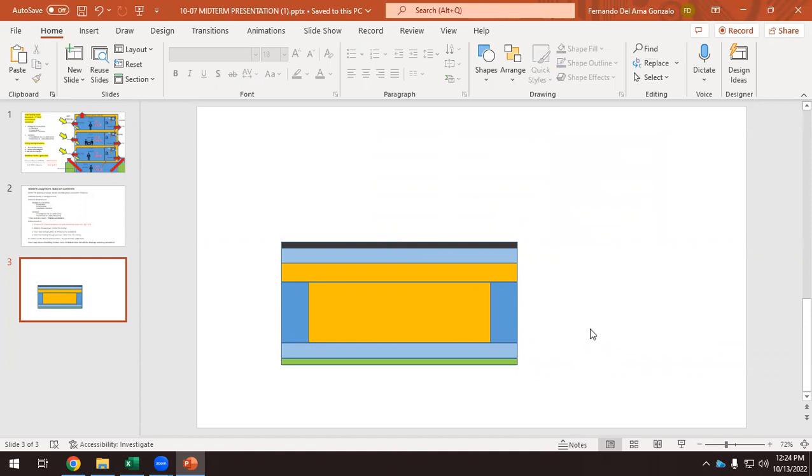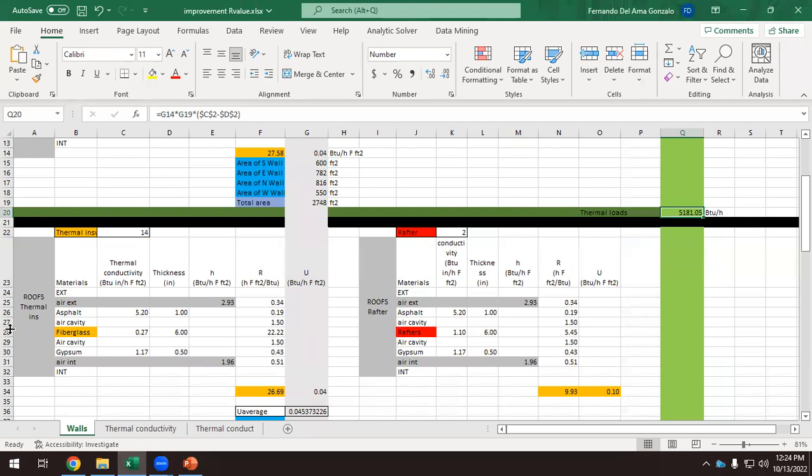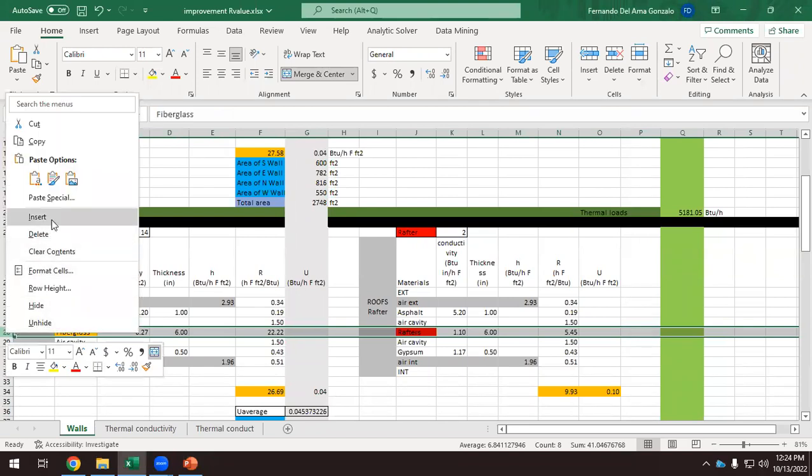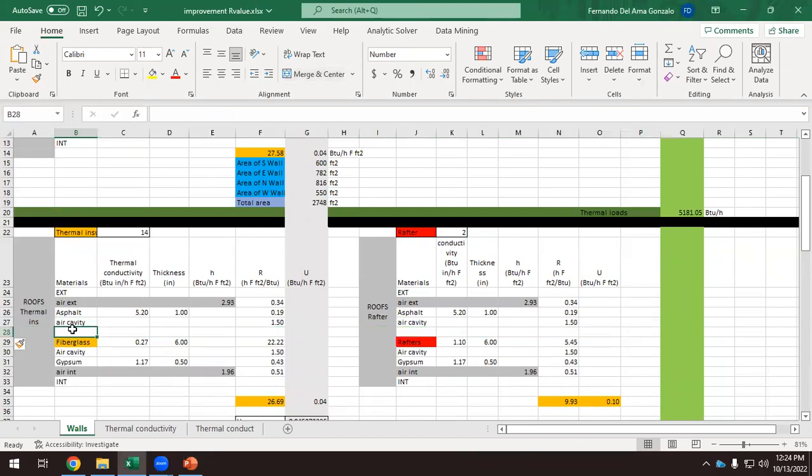Basically, I'm adding a new layer, and that layer affects the part of the rafter and the part of the thermal insulation. So on this Excel file, above the fiberglass for the rafters, we have to insert a new layer, and it can be another 2 inches of fiberglass.